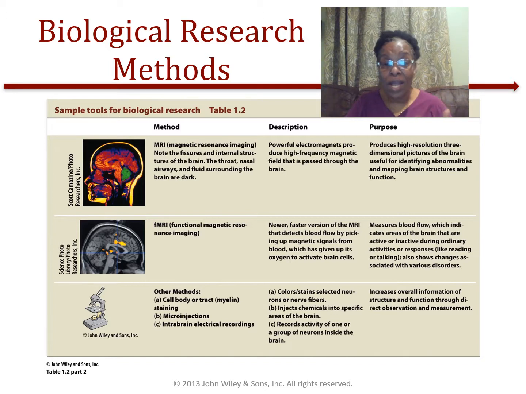Now, MRIs have also been used throughout the entire body. It's not just the brain itself, but they have been able to use it in other parts of the body as well. The fMRI, functional magnetic resonance imaging, is the faster version, which picks up blood flow as well as magnetic signals from the blood that show the oxygen even.